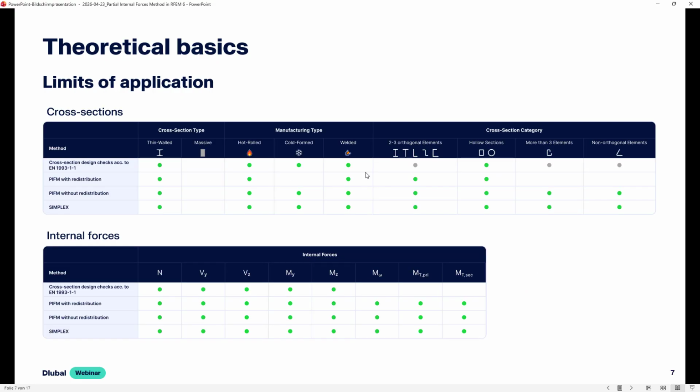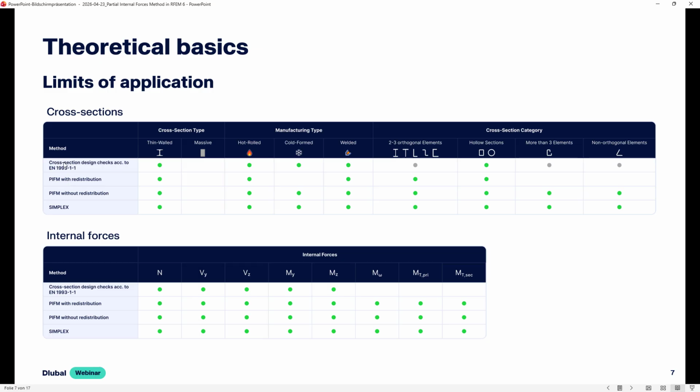Good. Before we switch to RFEM 6, we need to clarify one more thing, and that would be the limits of application. To figure these limits out, I have prepared 2 tables which show in which cases we can use the PIFM and also in which cases we can or cannot use the cross-section design checks.